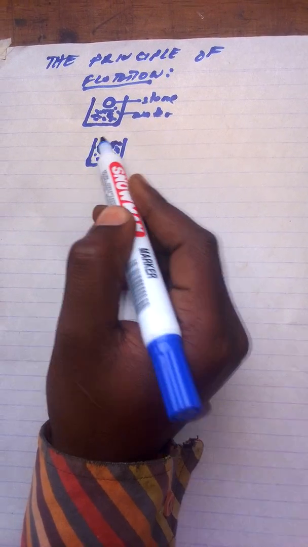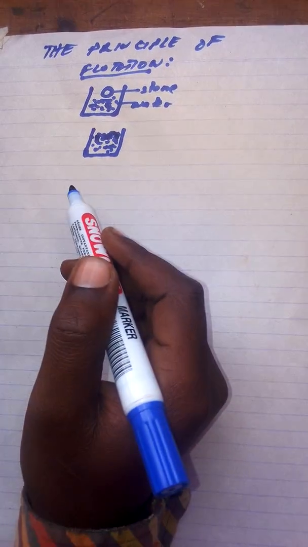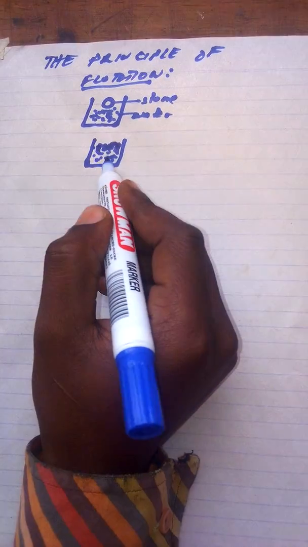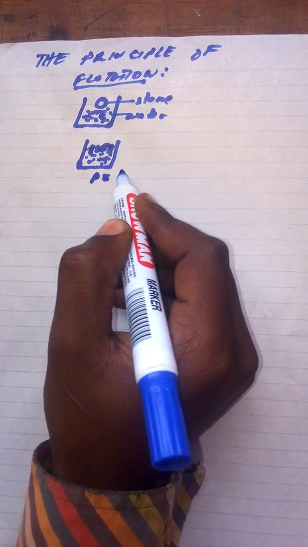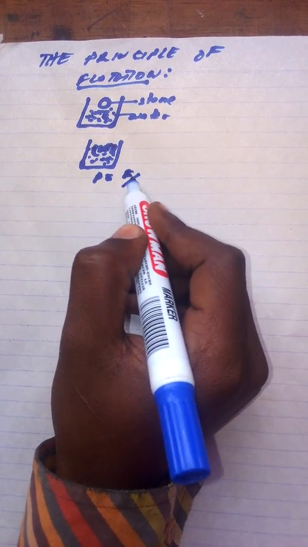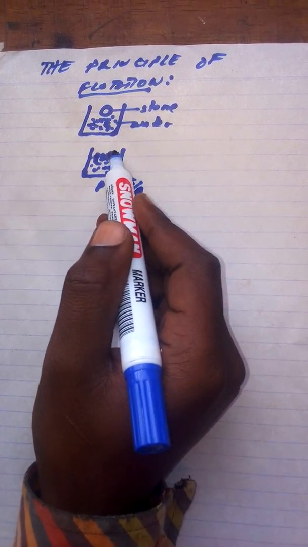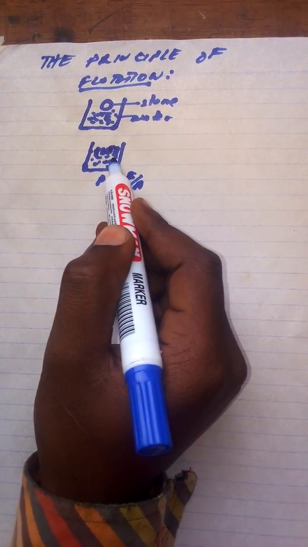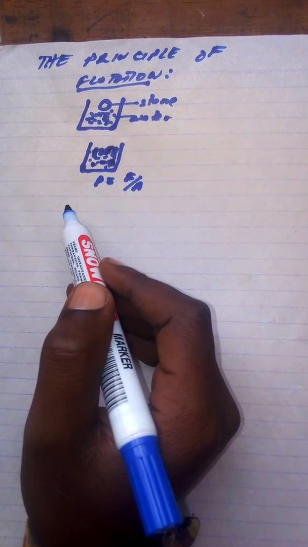If you take this point here, there is pressure. This point here, there is pressure. This point here, there is pressure. So we can take the pressure at any point by dividing the force by area. We get the amount of pressure at any point. At this point, this point, this point, you can use this formula.